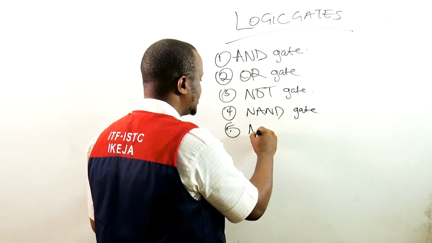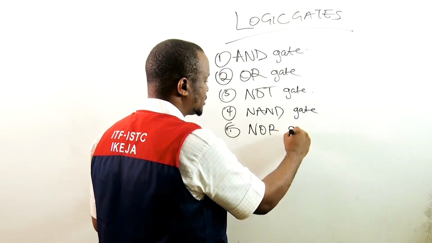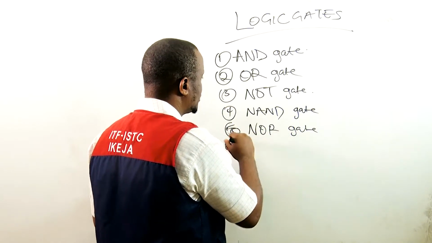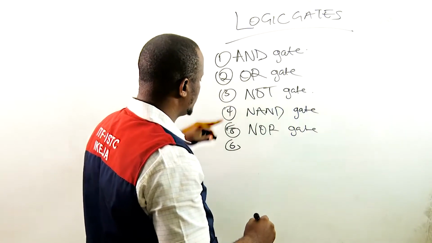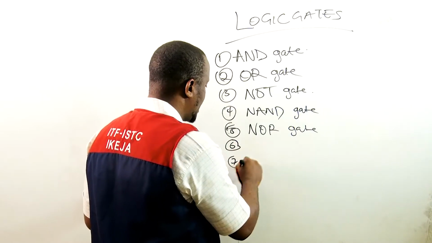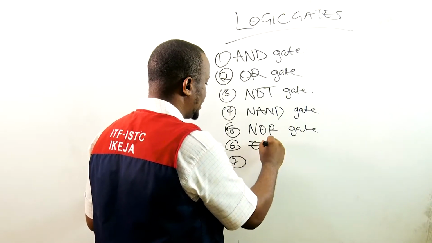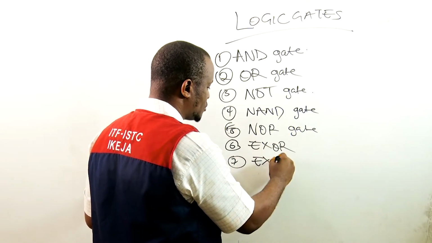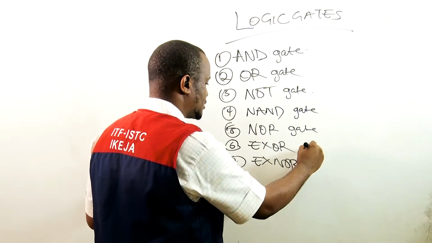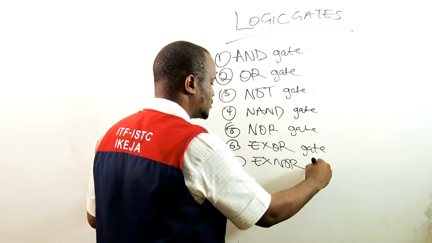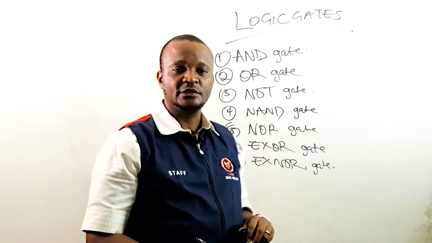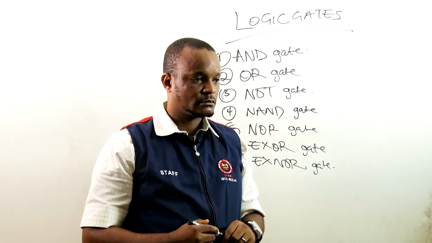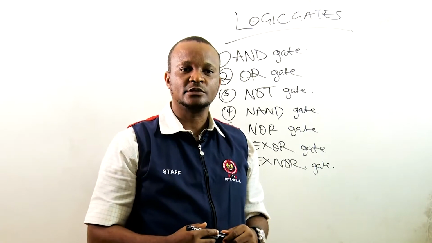We have the NOR gate, a combination of NOT and OR. We have the XOR and the XNOR gates. So there are 7 types of gates.